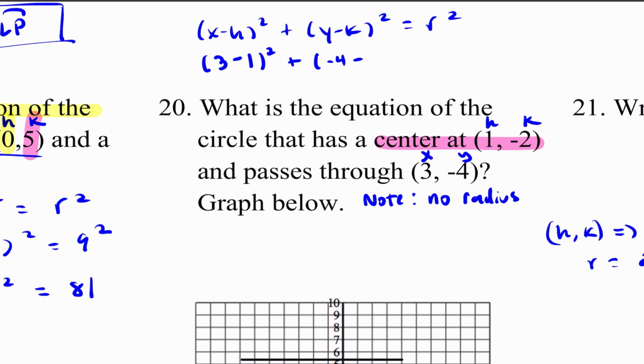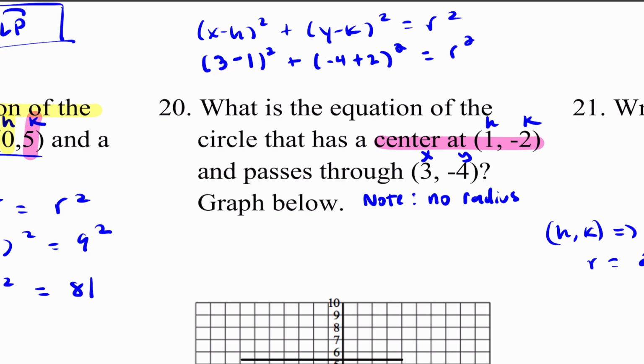Okay, so -4 minus -2, we have a double negative. That means a negative times a negative is a positive. So I will just put a plus sign here: -4 plus 2, the quantity squared, equals r squared.